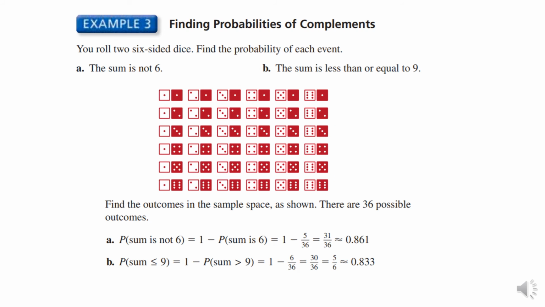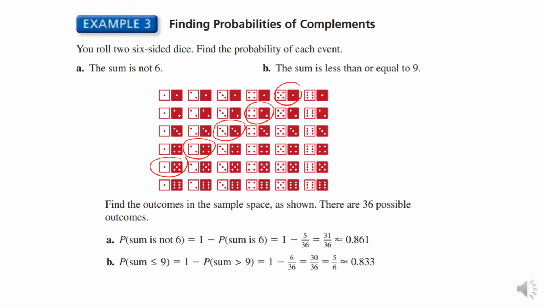All right, so finding the probabilities of complements. You roll 2 six-sided dice. Find the probability of each event. So the sum is not 6. The first thing we want to do is find where the sum is 6. If you look really carefully, here is the sum of 6. These are the only ones that are 6.